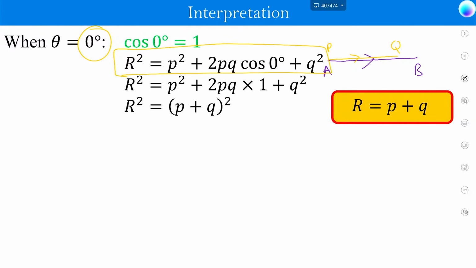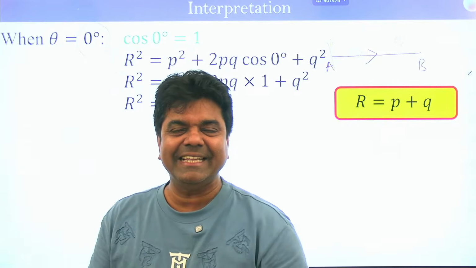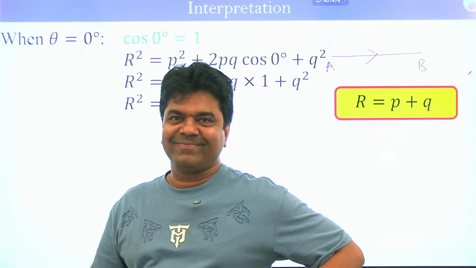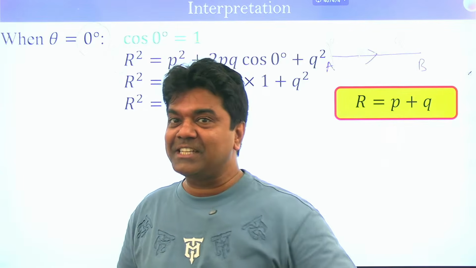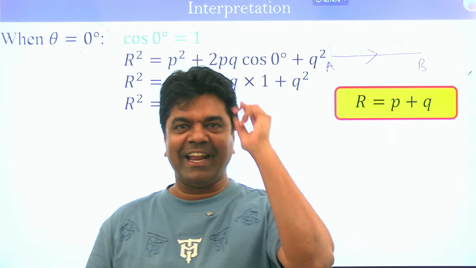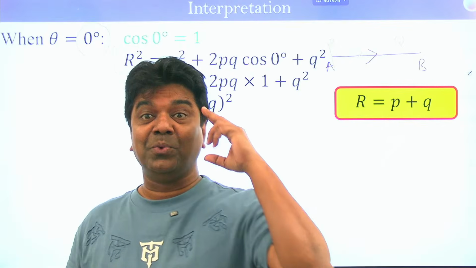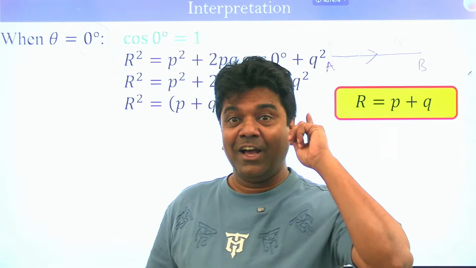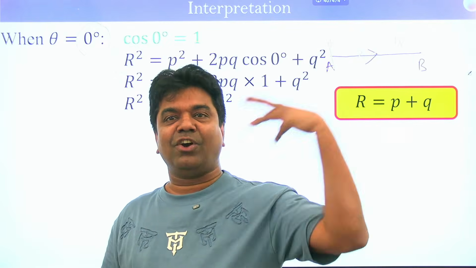What you can do is easily add the two vectors when they're acting in the same direction. That's what you did at the very beginning as a mistake. When we have 15 and 10 and 5 Newton together, we assume that they're acting in the same direction and we added 15 plus 10 plus 5 and got 45.